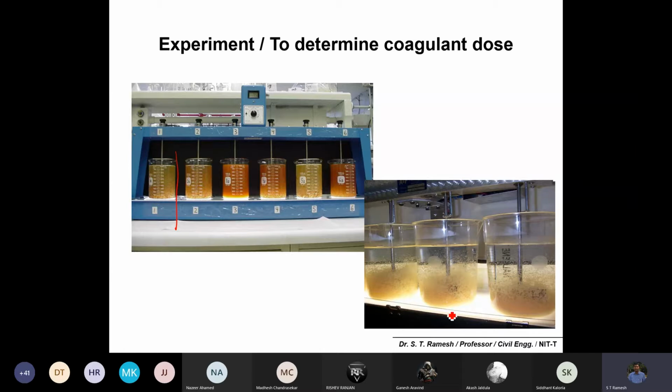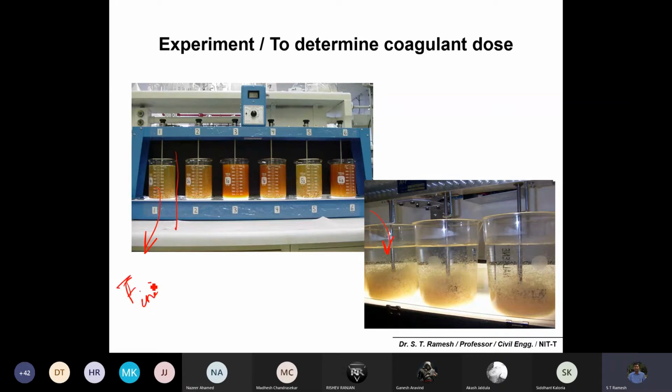One may be the control and the others with variable dosages, and you could see completely destabilized colloids like this. Once you add the coagulant and go for rapid mixing followed by slow mixing, you could see the destabilization of colloids. For the control, you measure the initial turbidity.